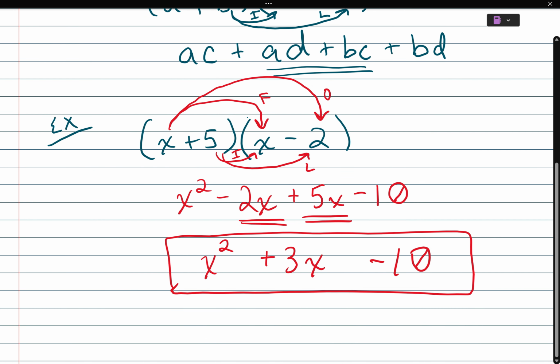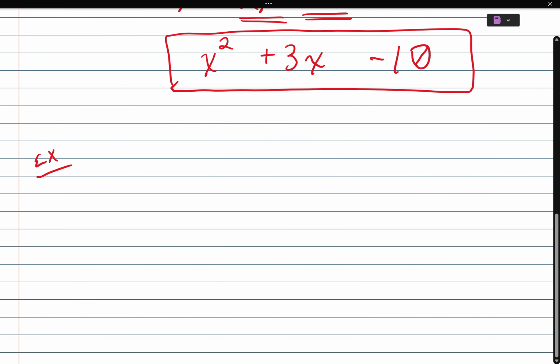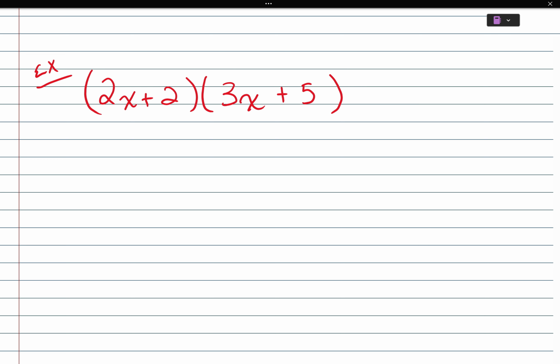Okay, let's give another problem a try. Let's take a look at a problem such as this one. We'll do 2x plus 2, and then it's multiplied times 3x plus 5. All right, looking at this again, I see a binomial, two terms.